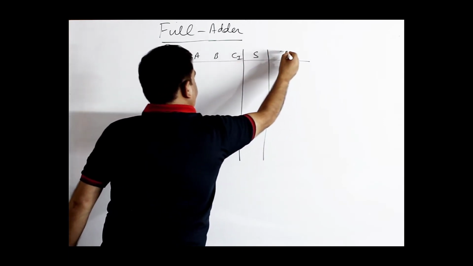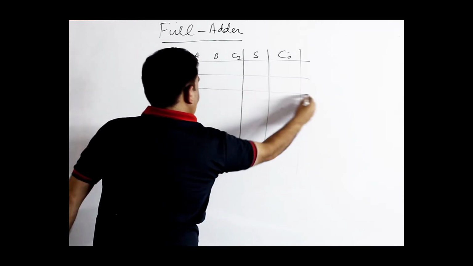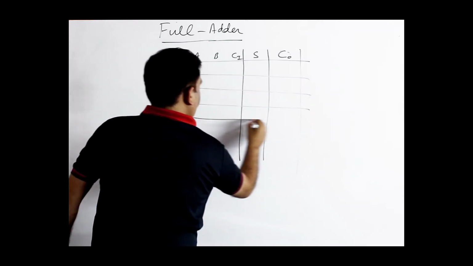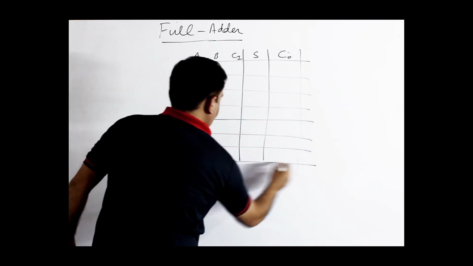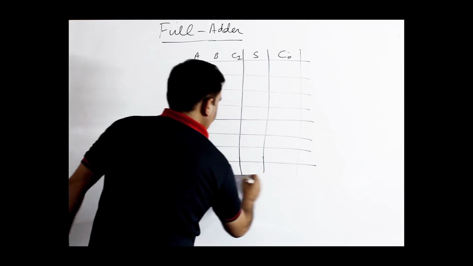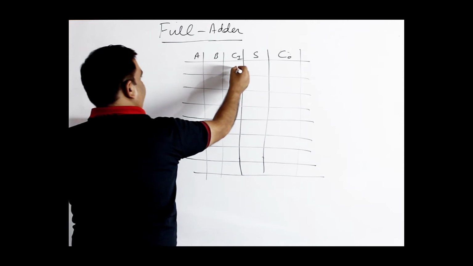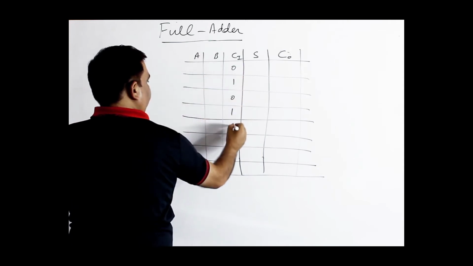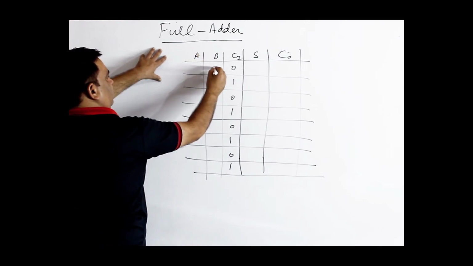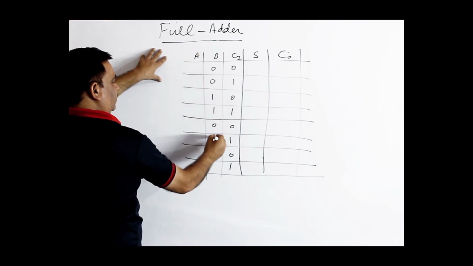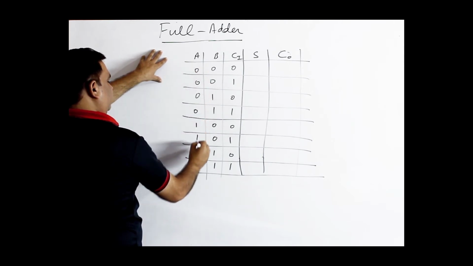This is carry input and this will be carry output. So, write the values for 3 inputs A, B, C: 0, 0, 1, 1, 0, 0, 1, 1, 0, 1, 0, 1, then 4 times 0, 4 times 1.